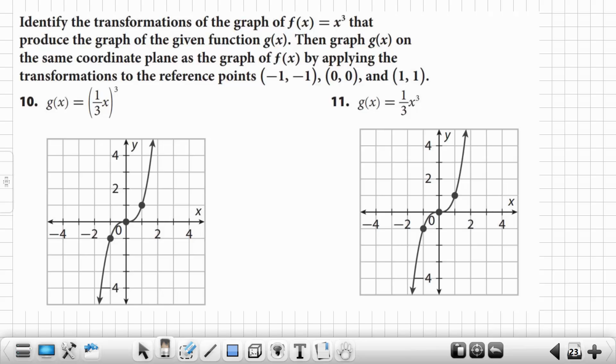Okay. So guys, this is horizontally stretched by 3. I haven't moved it left and right or up or down. Are we okay with that? So if I haven't moved it left, right, up, or down, I'm just horizontally stretched by 3. It's just going to make it wider. Instead of going right 1 up 1, it goes right 3 up 1. Left 1 down 1, left 3 down 1.